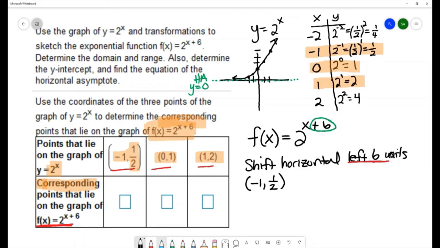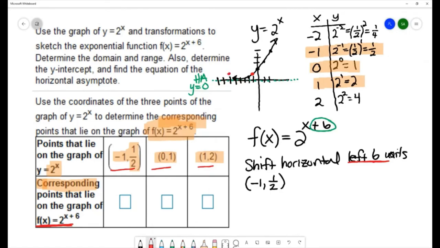So it might be helpful if you use your graph that we made earlier. So we have this point right here, which is -1 and 1/2, and we want to shift that left 6. That means we're going to arrive 1, 2, 3, 4, 5, 6 right here.